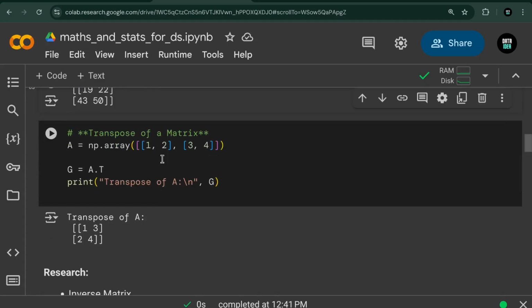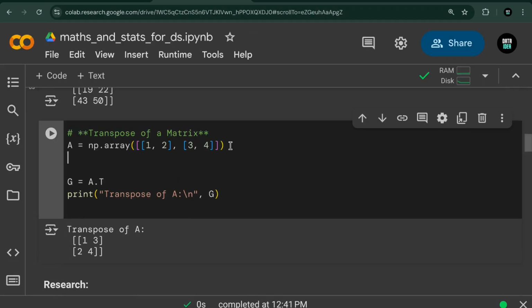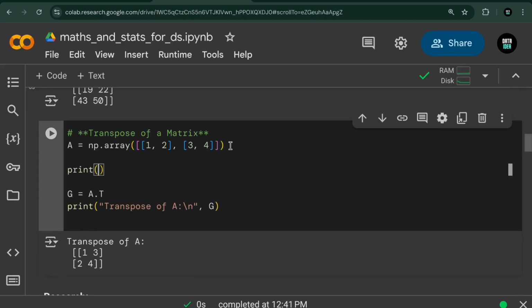You may also want to know the transpose of a matrix, and when we transpose a matrix or a table, basically in this context we are just converting the rows to become the columns and the columns to become rows. Okay, and we have an example of this matrix that I am using here.